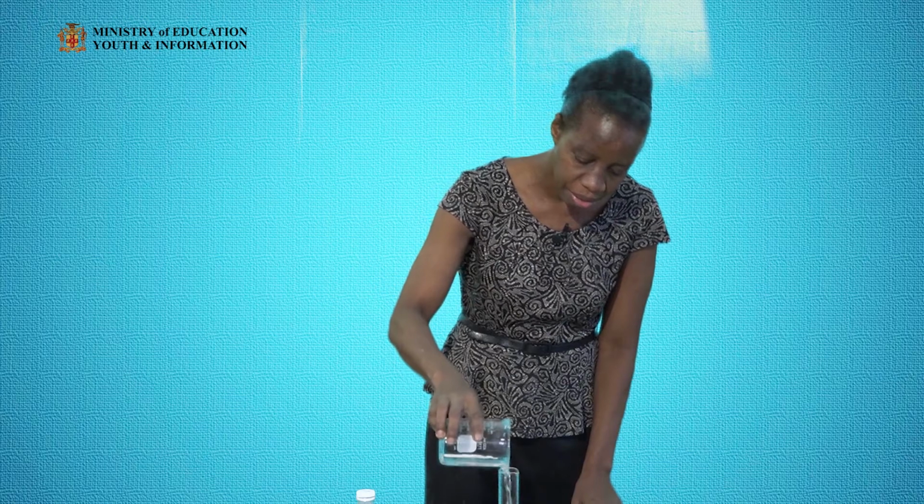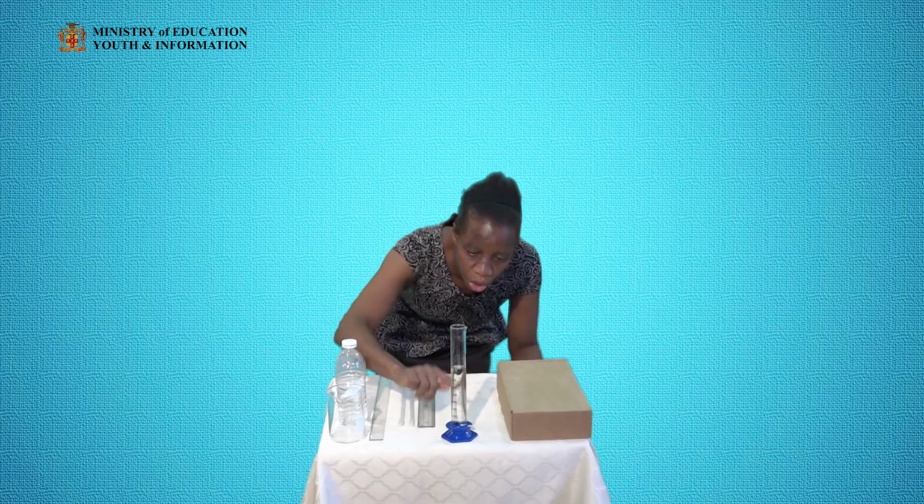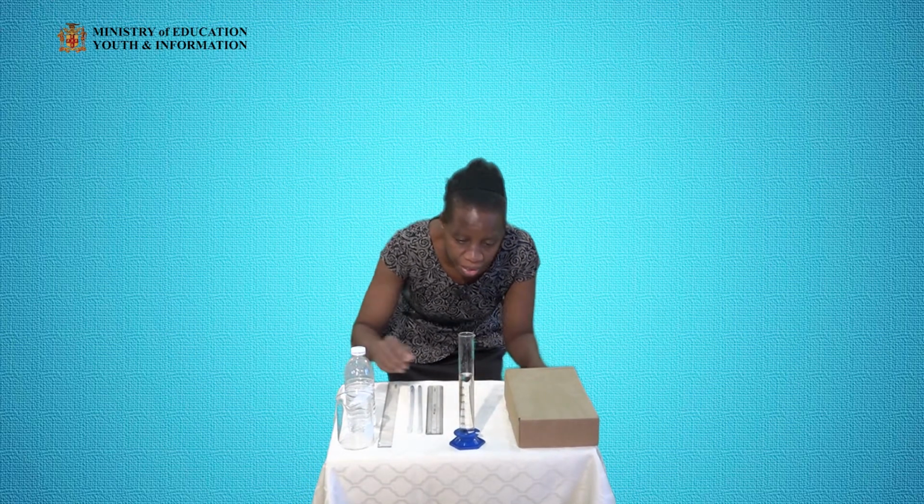So to accurately read the volume, we would really use a measuring cylinder. So here we would pour out our water into our measuring cylinder, and again, our measuring cylinder is on a flat surface and we're reading. There are some lines on your measuring cylinder. We call them the graduated lines, right?